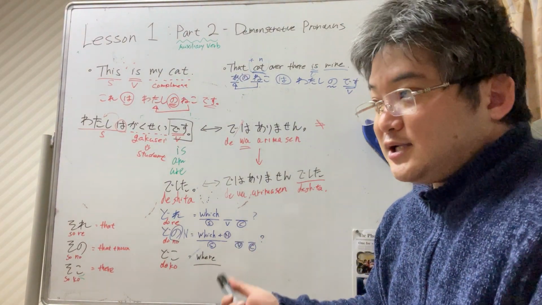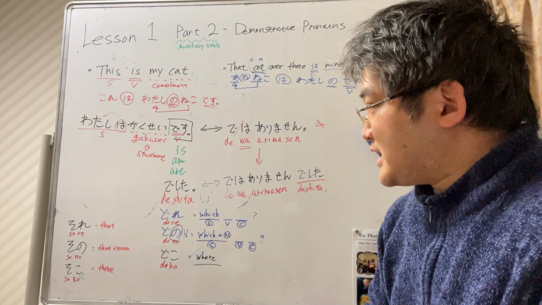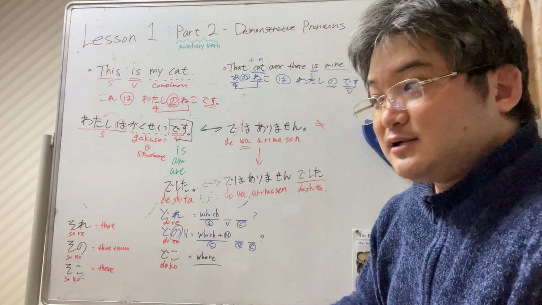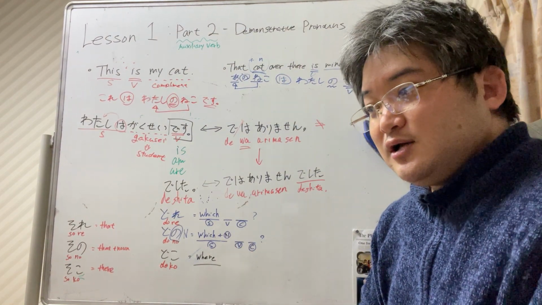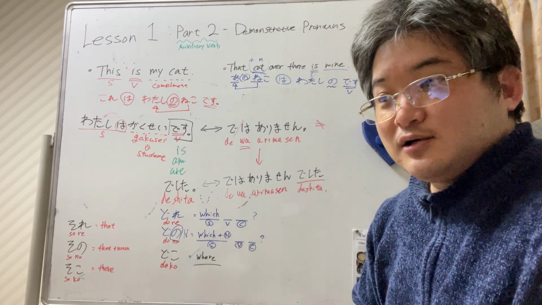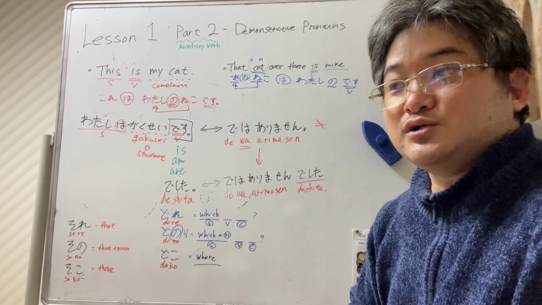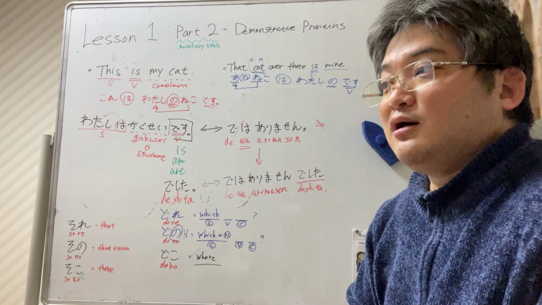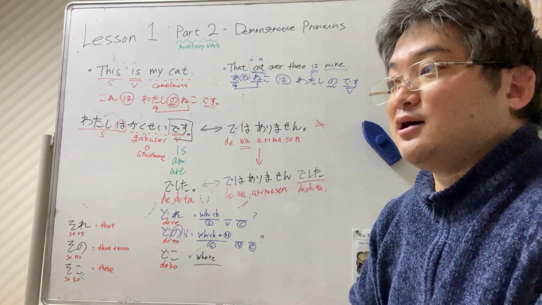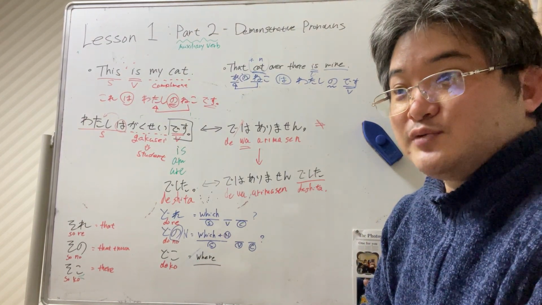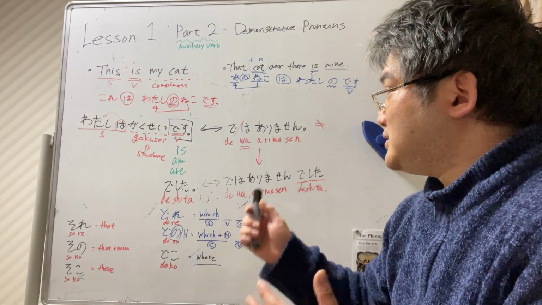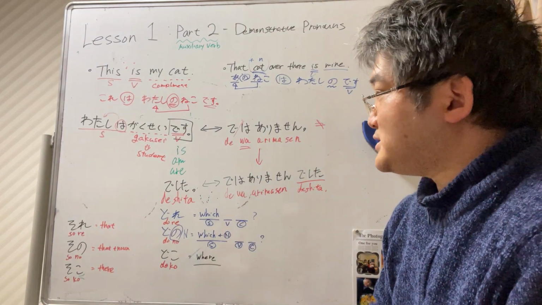It's polite, it's not extreme polite. It's polite enough to be used anywhere, talking to your customers, or talking to your superior, talking to the seniors. So we usually stick with this.